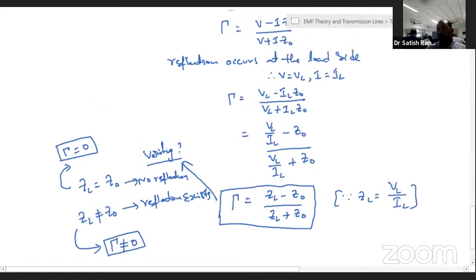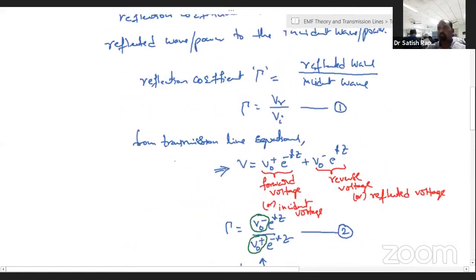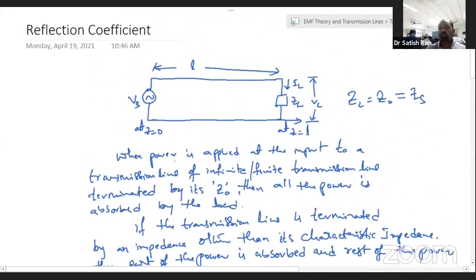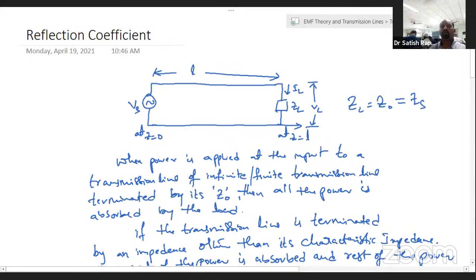So in this class we have discussed two topics. Number one, input impedance of a lossless transmission line, and second one, reflection coefficient of a transmission line.